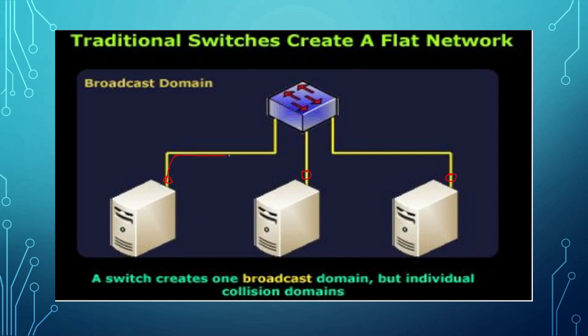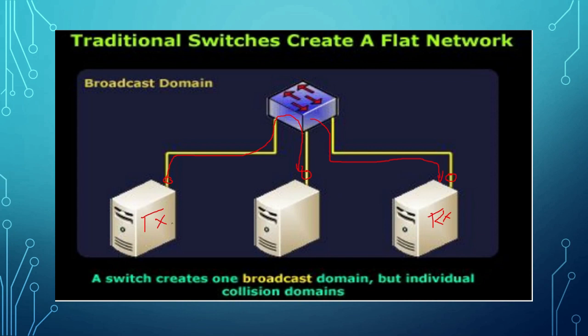So this one sends to this one, and it receives, then this one receives again. This will be our receiver, RX, and this will be our transmitter. So it's good if the network is small.